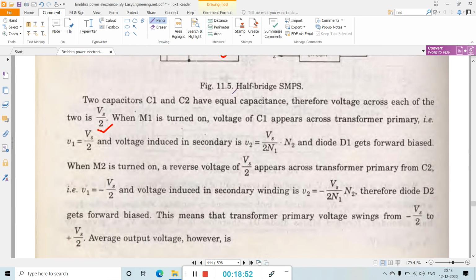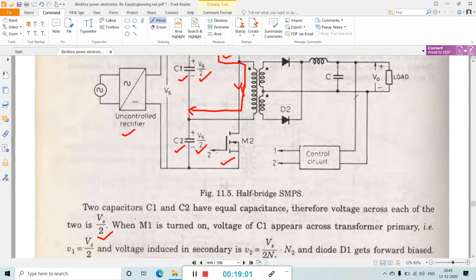So V1 is equal to Vs/2, and the voltage induced in the secondary is V2 = Vs/2 × N2/N1, and diode D1 gets forward biased. This is diode D1, and this is the output path.